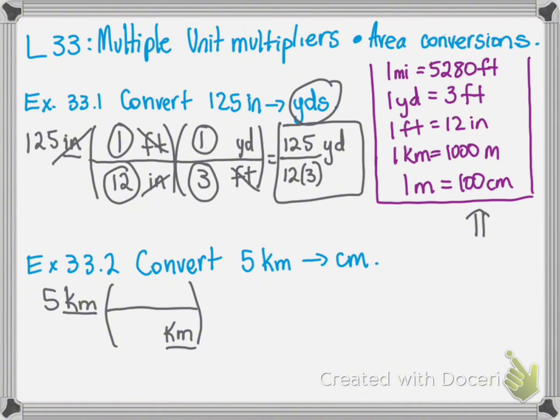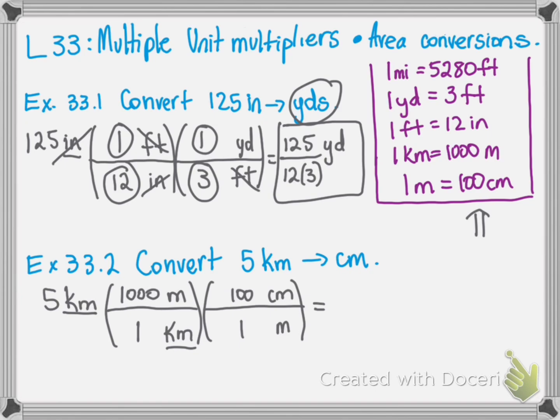So I'm going to go from kilometers to meters, and then from meters to centimeters. Now again, put the information in here. 1 kilometer equals 1,000 meters, and 1 meter equals 100 centimeters.